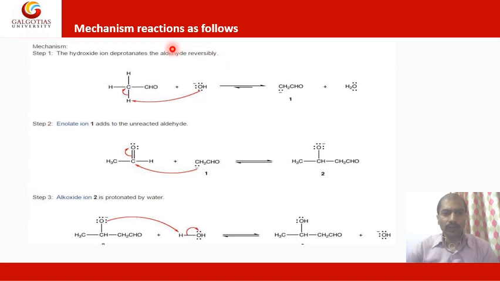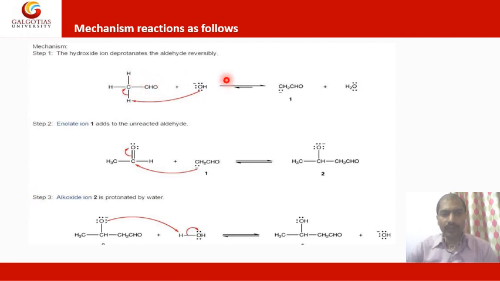Now the mechanism, because this is very important when we are discussing the aldol reaction. In the first step of the mechanism, the hydroxide ion deprotonates the aldehyde reversibly. Here you can see the CH3CHO molecule.